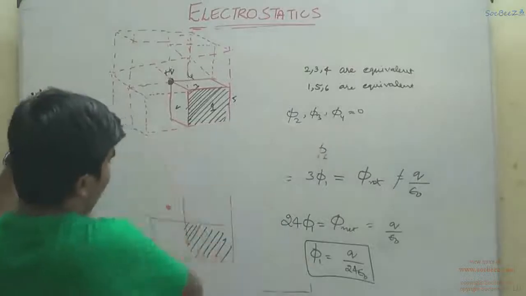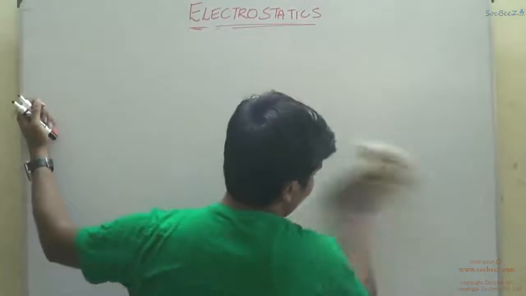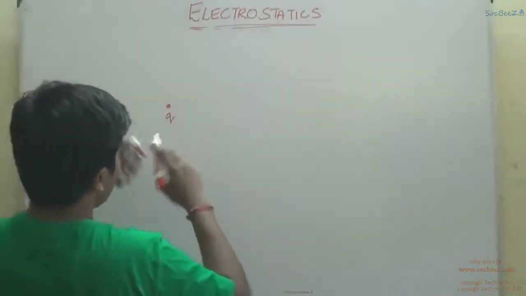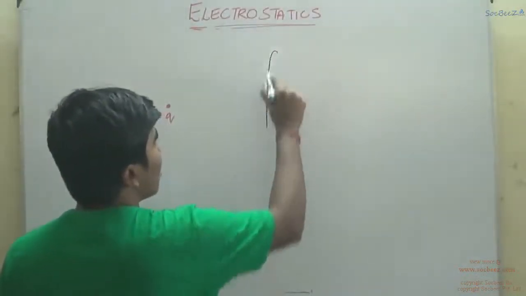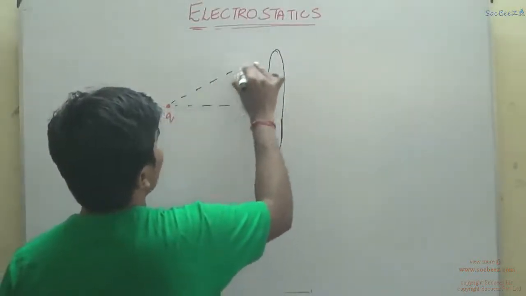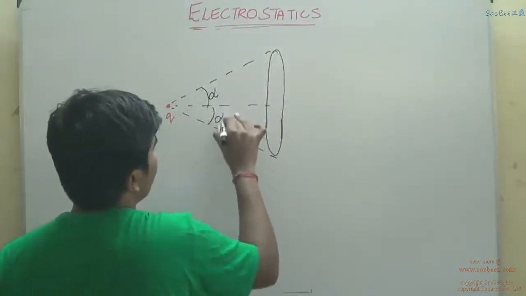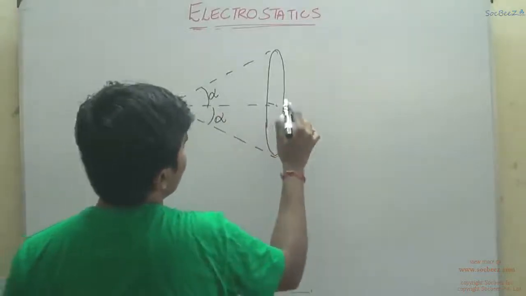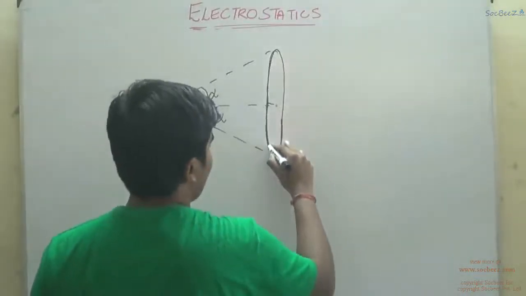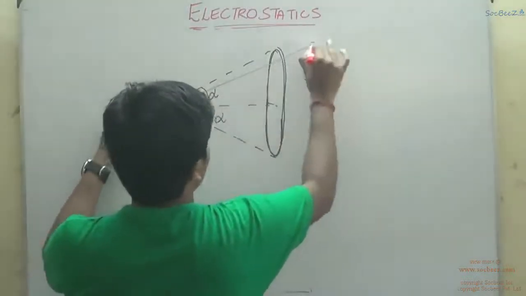Now I'll give you one more important formula which will be used in many of the problems to be solved next. Suppose there is a charge Q here and there is a ring here in such a way that this angle is alpha, this is also alpha. When this charge is there, there will be field lines passing this way.